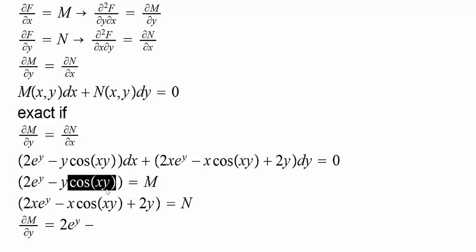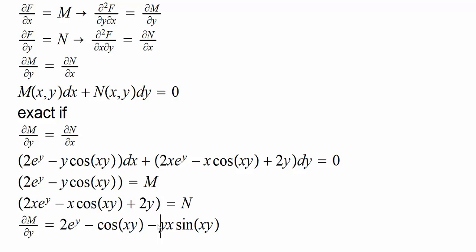We differentiate y, and then we have y as it is, and we differentiate cosine xy using the chain rule to get negative x sine xy. And that negative is going to make this negative sign a positive sign.